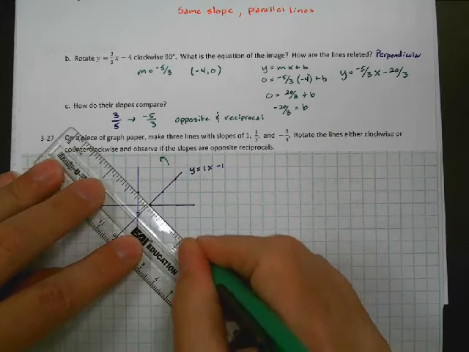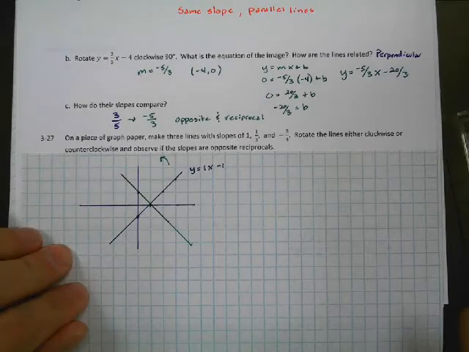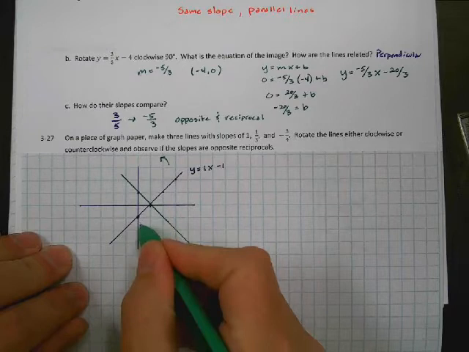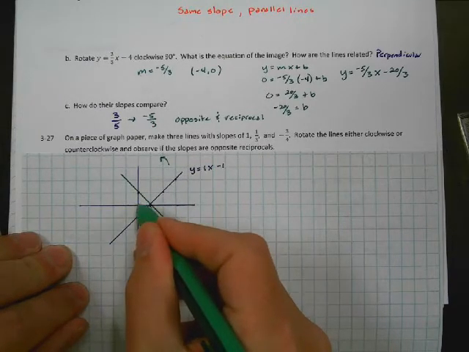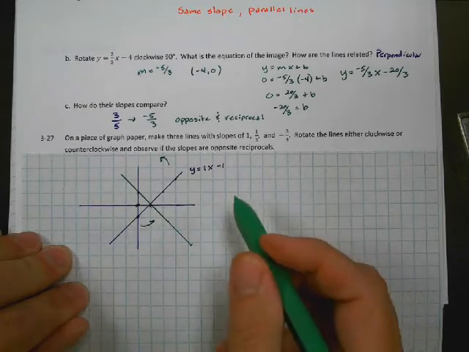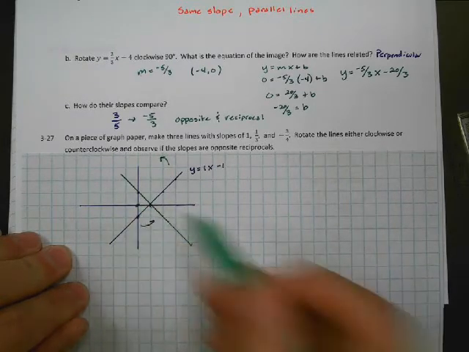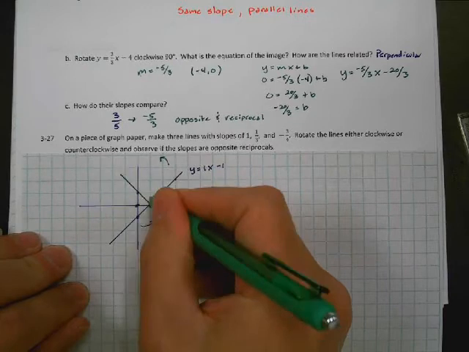So here's our new line, because this one rotated this way to here, and this one rotated this way. Remember, we're rotating around the origin, so they're always keeping that distance to the origin. So we see a 90-degree angle here.